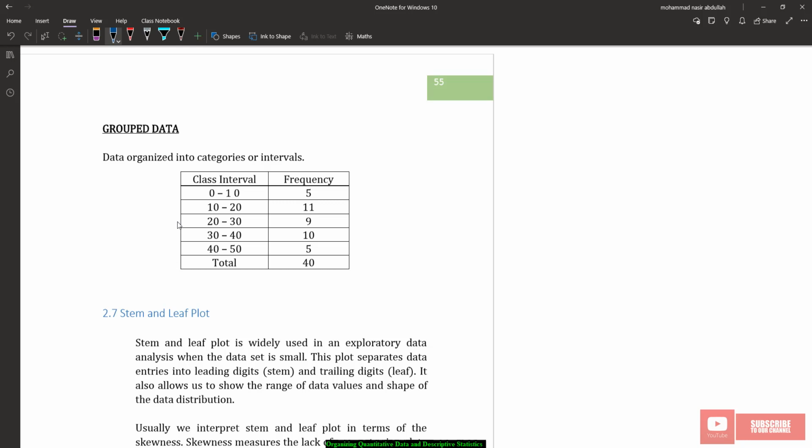The frequency table for qualitative data is the same as for quantitative data. The first column we have X, and the second column we have frequency. Instead of having a classification or category for each row, we have a range of numbers for each row. This is an example for quantitative data.